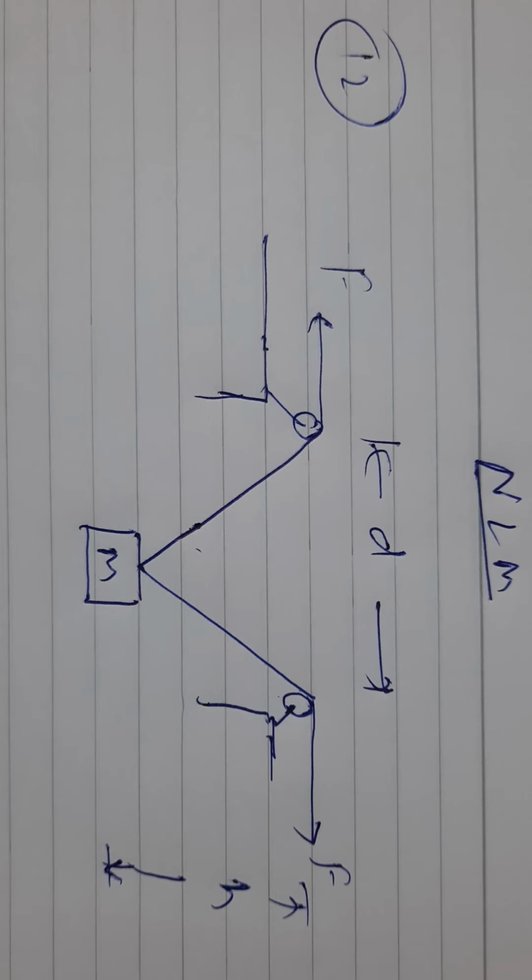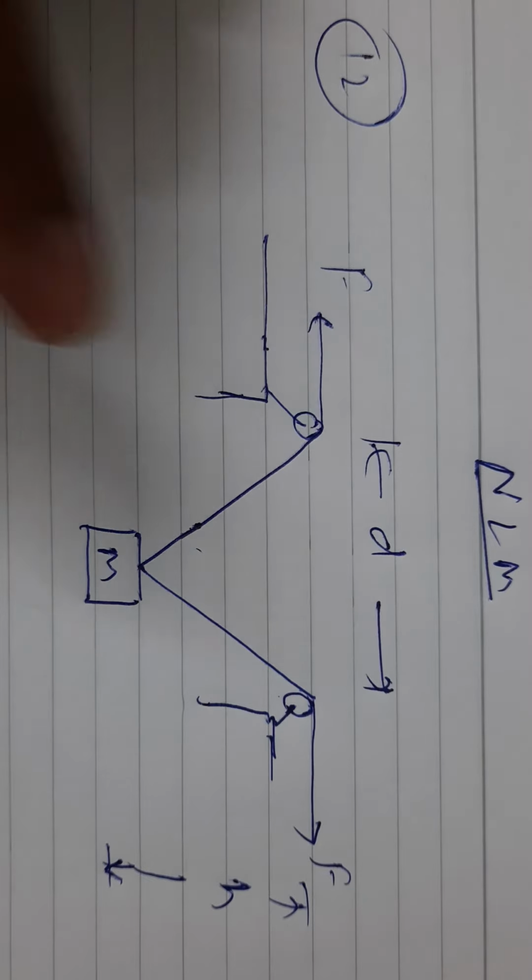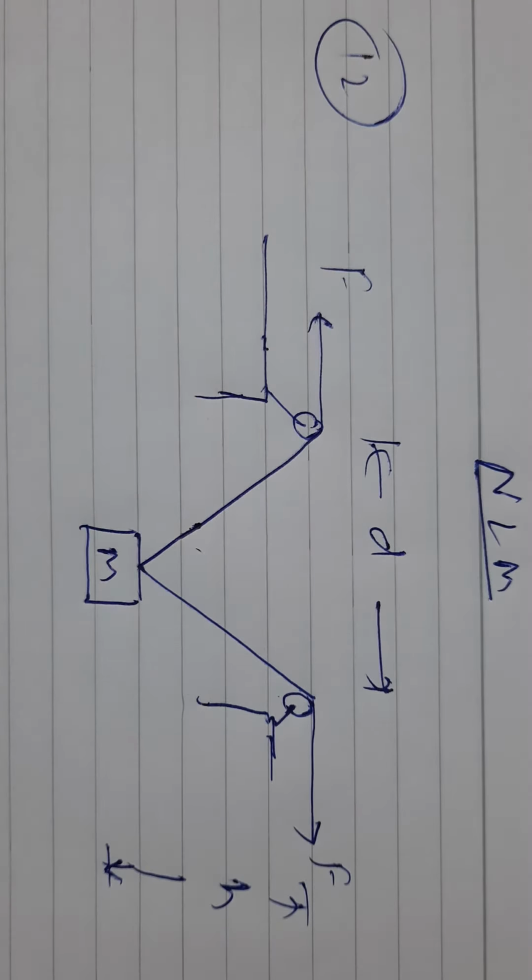This capital M is shown there, a man, and on these two sides where the force F is shown, there are two other persons who are pulling this man from this ditch. This is some deep ditch.